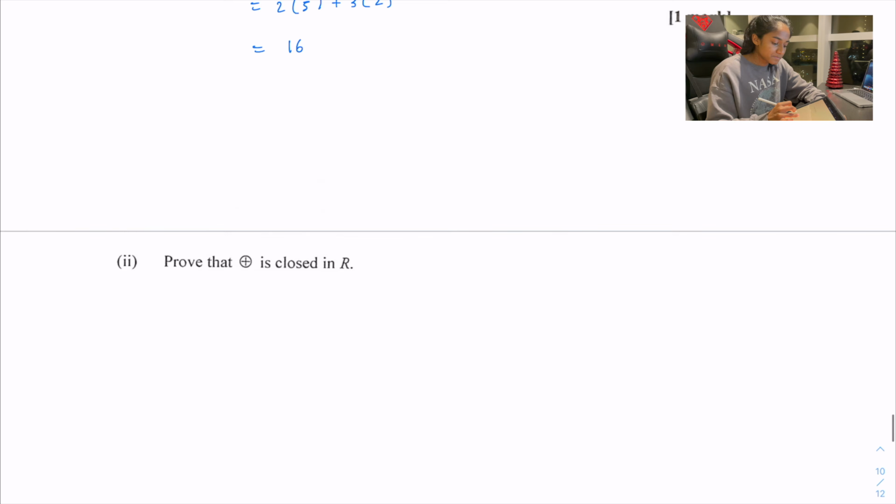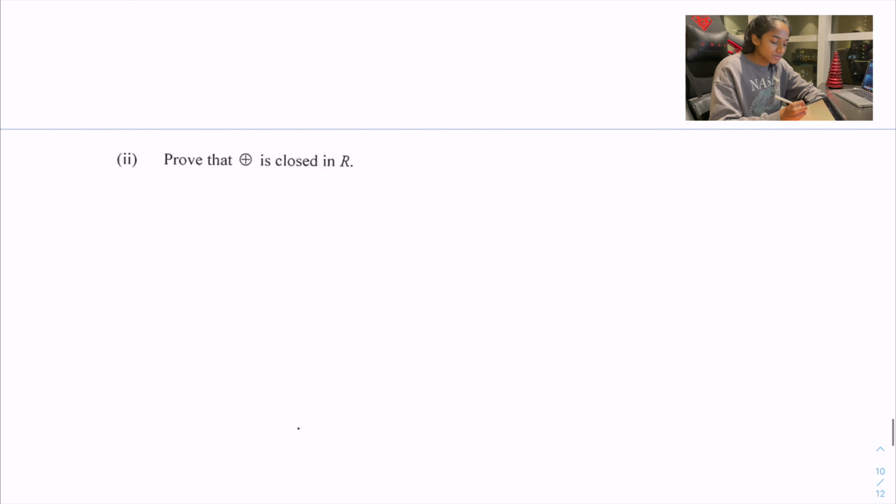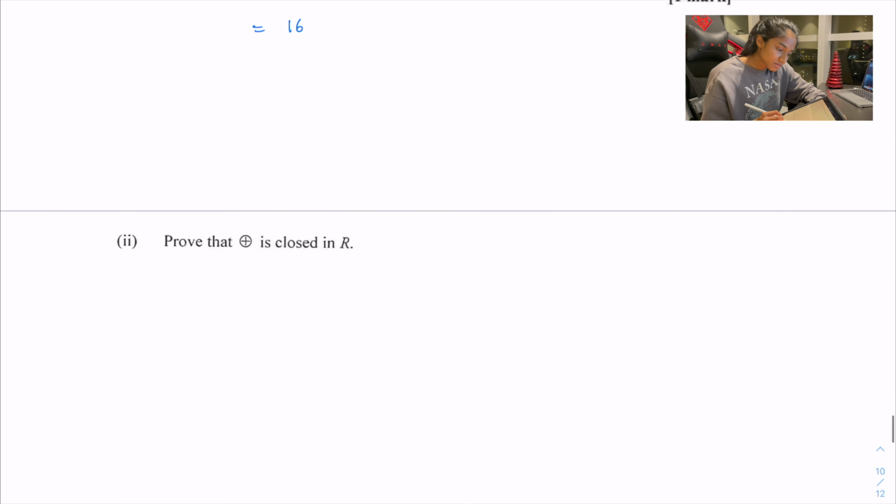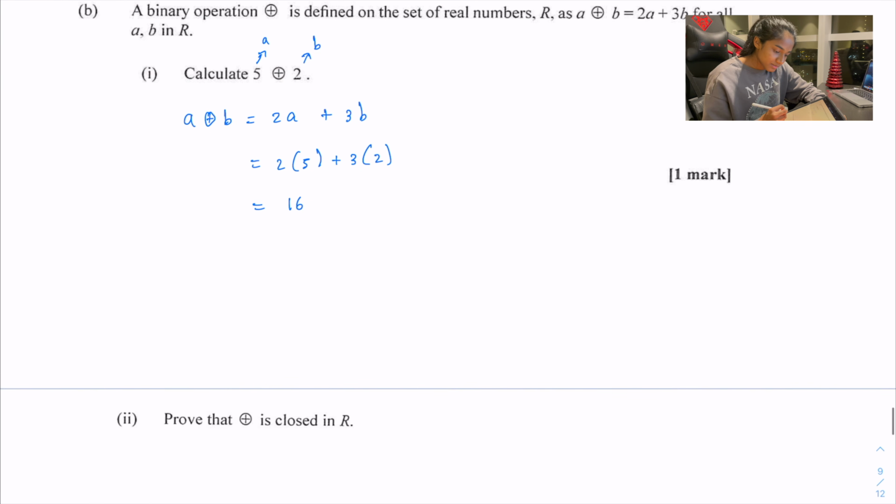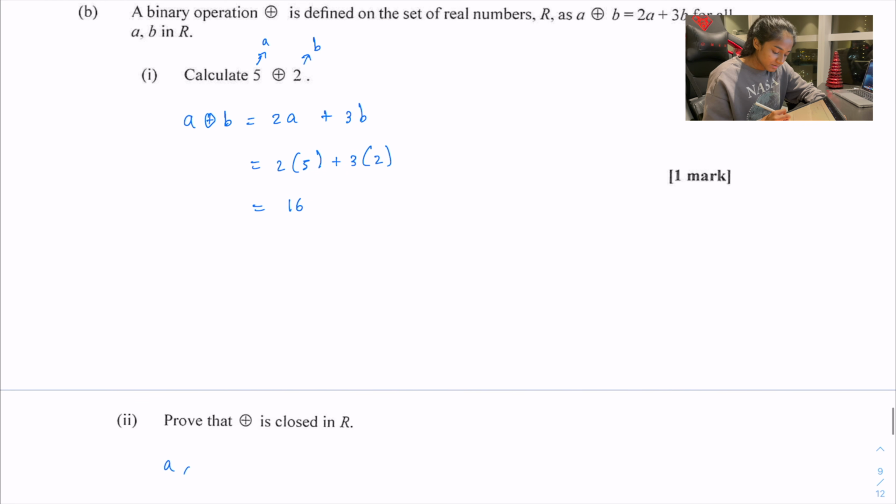So that was easy. Prove that it is closed in R. So we know that A and B are real numbers. So because of that, 2 multiplied by the real number A would be real.